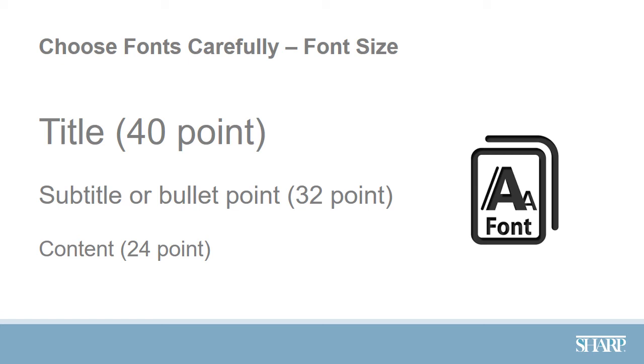The recommended sizes are 40 point for titles, 32 point for subtitles or bullets, and then 24 point for contents. Anything smaller than that probably shouldn't be on the slide, or it's an indication that you're putting too much text and too much information on one slide and you need a second or third slide to be able to make those things larger and emphasize the points that you need.